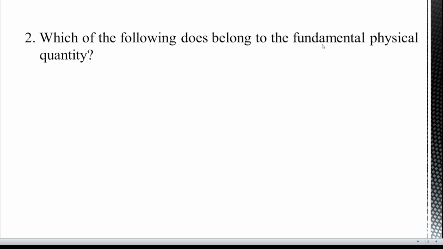Fundamental physical quantities, as you know, are quantities that cannot be derived from other quantities. If two or more fundamental physical quantities join together, they yield another physical quantity known as a derived physical quantity. Great. On the basis of what we said, we'll select the one that belongs to the fundamental physical quantities.